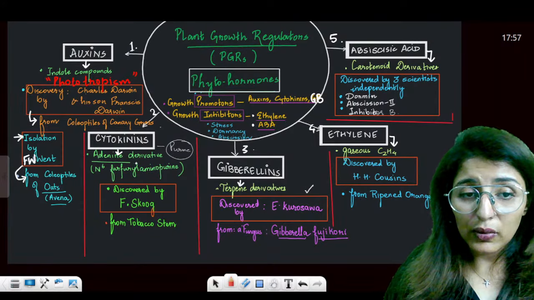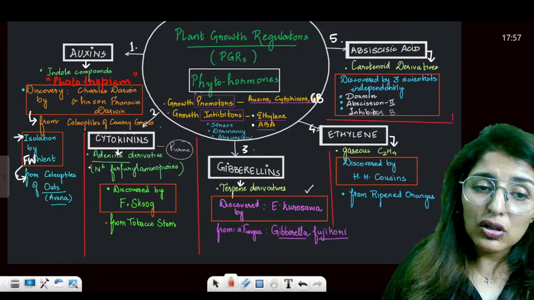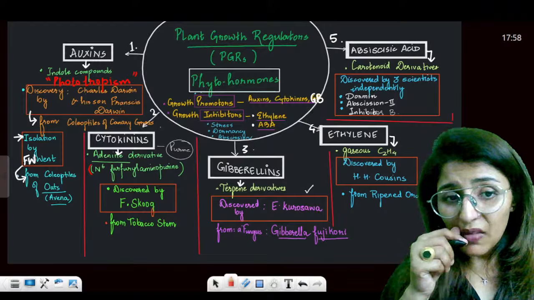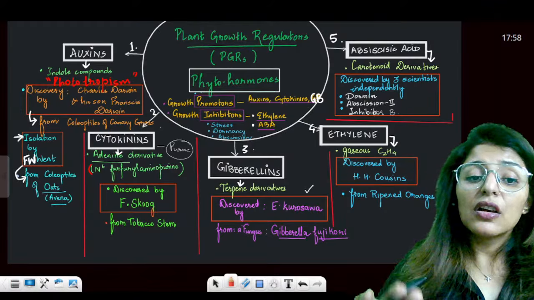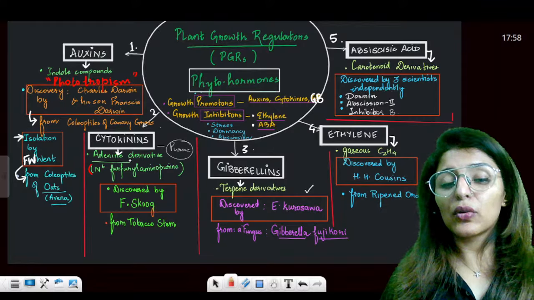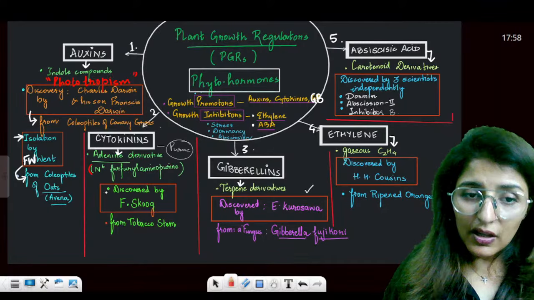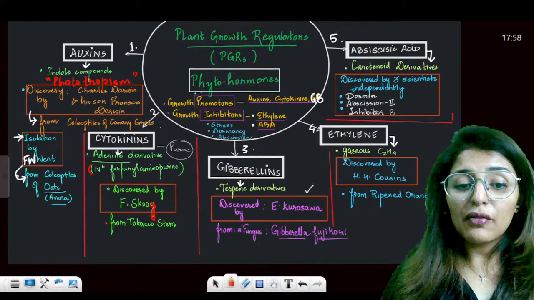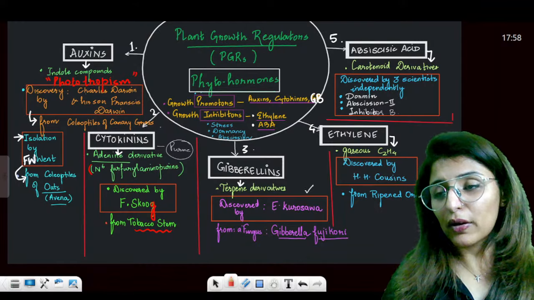Then coming on to cytokinins, adenine derivatives, also N6-furfuryl aminopurines. Is this clear? Adenine is a purine, so it is N6-furfuryl aminopurine from which cytokinins are derived. Cytokinin was discovered by F. Skoog from the tobacco plant.